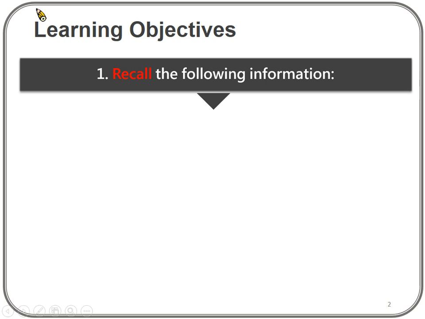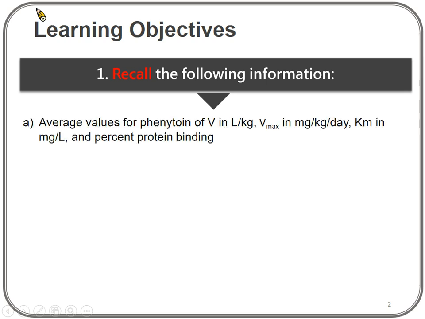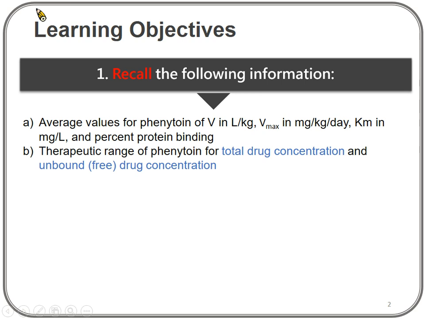We are going to focus on several learning objectives. The first section is to recall the following information: the facts of phenytoin in pharmacokinetics, including the volume, the Vmax, the Km, and the percentage of the normal protein binding ratio.